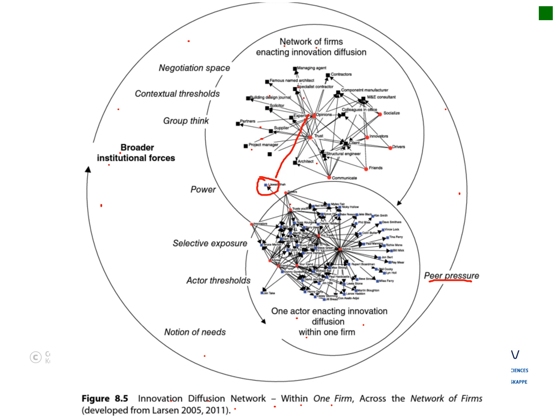Okay, so I want you guys to be able to list these items: negotiate the space, contextualize thresholds, and then you've got your group link between the different items. That's now the link that I spoke about here, going through there. Power: how much power does a person have?